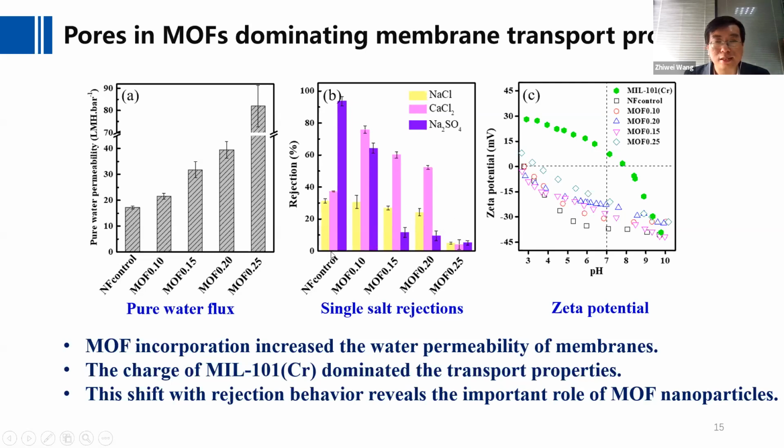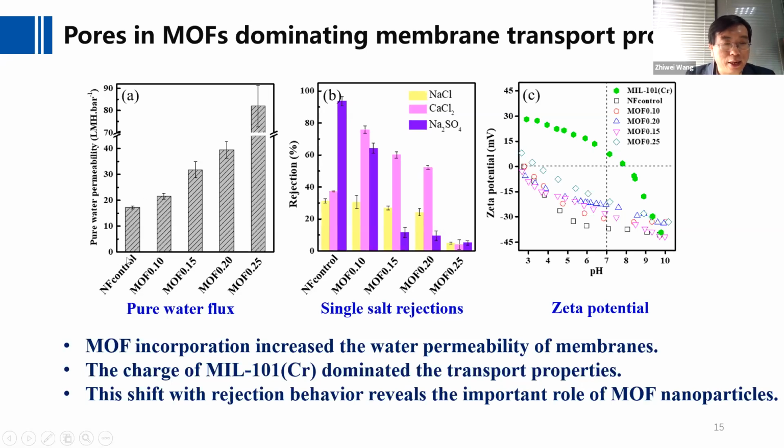So through this test, we could see that the nanochannels we created really played a dominant role in mass transport in the nanofiltration membranes. Also, here we show the pure water permeability of the prepared membrane.